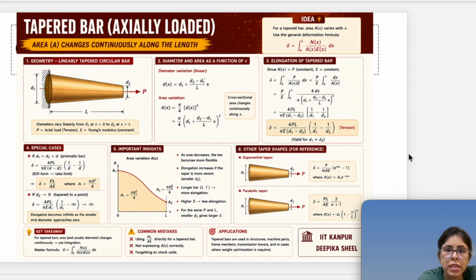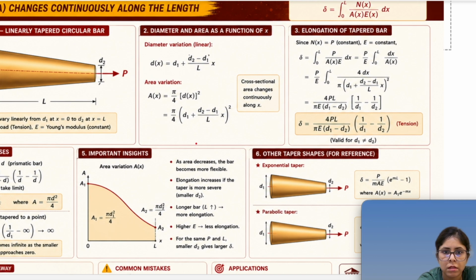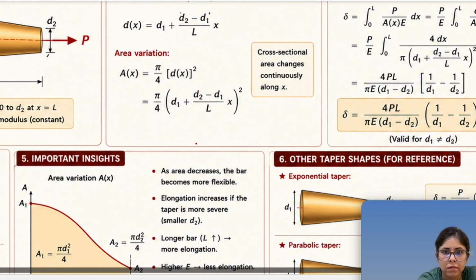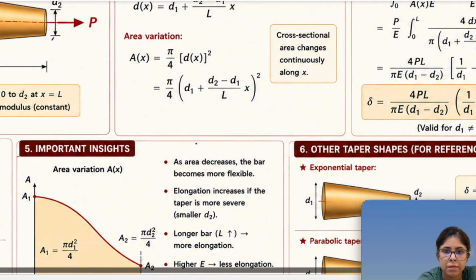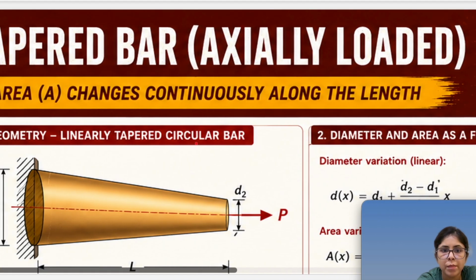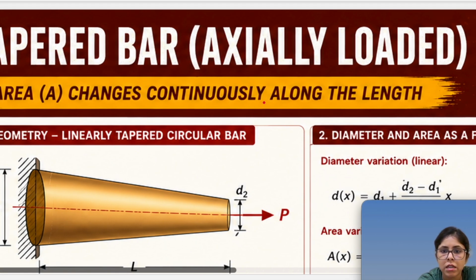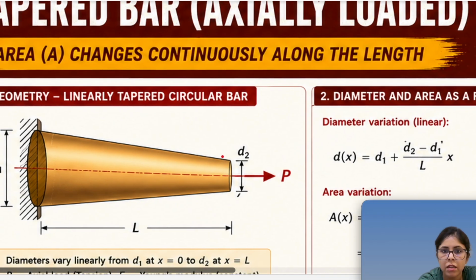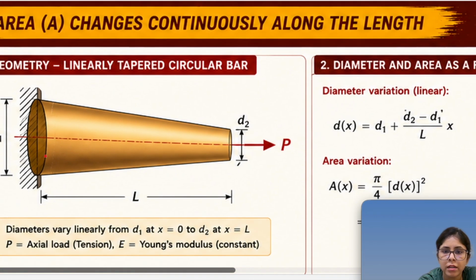Now we'll see a tapered bar, where area changes continuously along the length. The geometry of the tapered circular bar will be something like this.